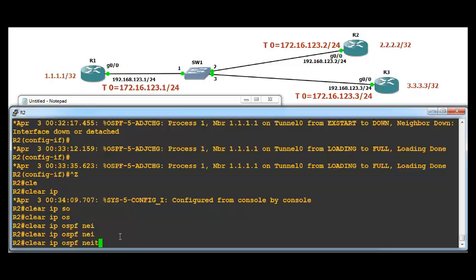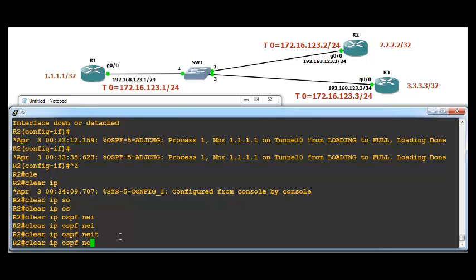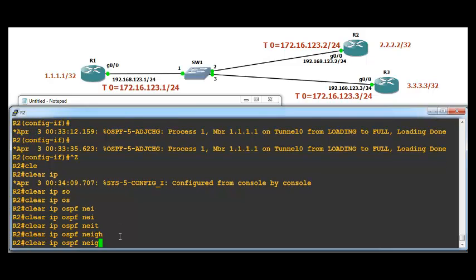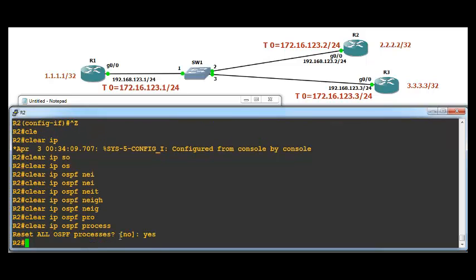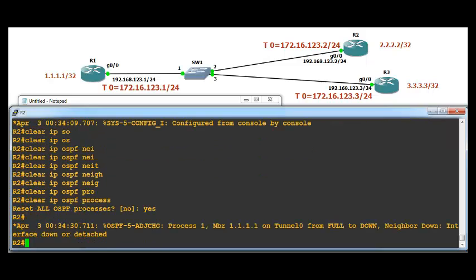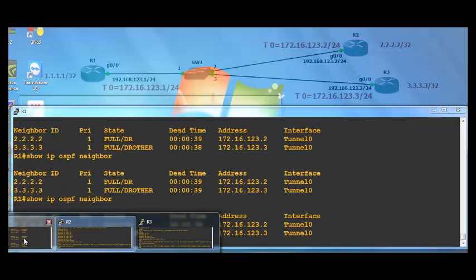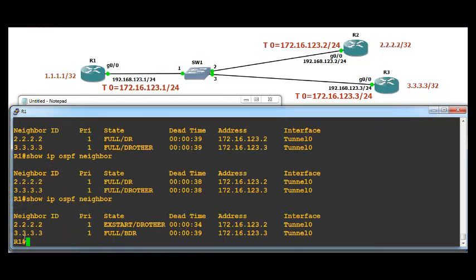I should have given the priority long back. Clear ip ospf process. Right. Now I should see both having full, come on.